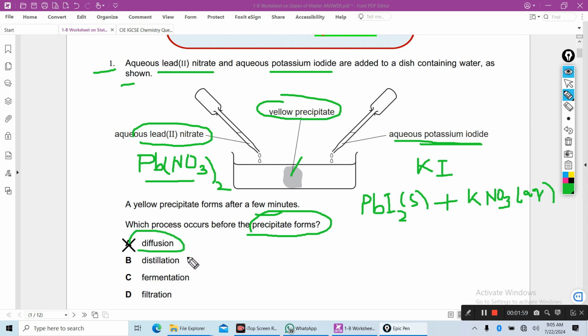So aqueous lead(II) nitrate, lead ion and nitrate ion diffuse, and potassium iodide, potassium ion and iodide ion diffuse. Then lead ion reacts with iodide ion to produce yellow precipitate of lead(II) iodide. So here movement of ions, I mean diffusion, occurs.